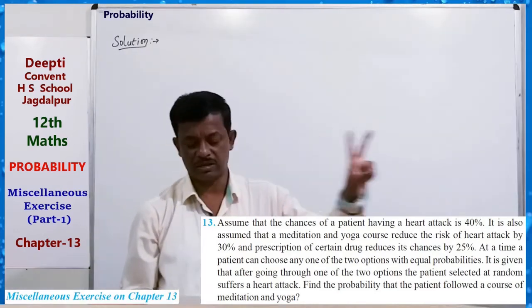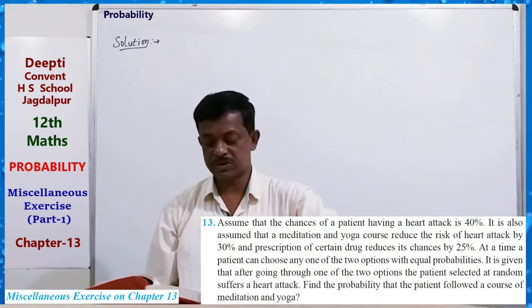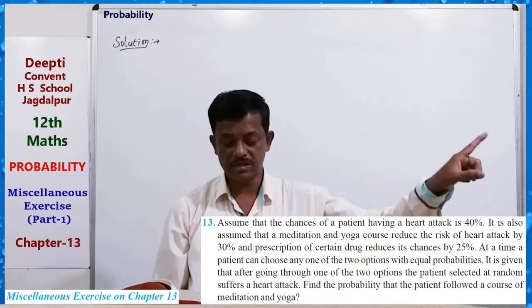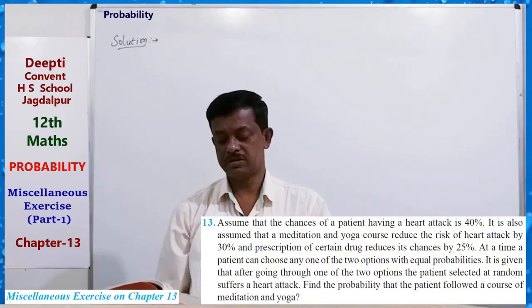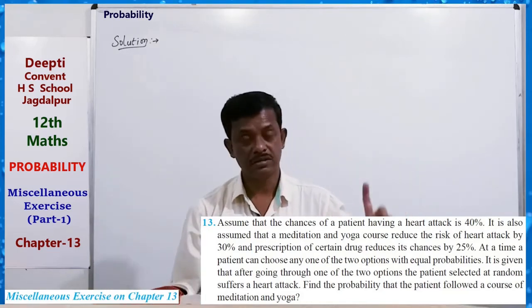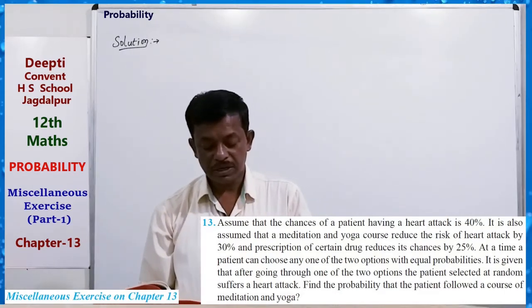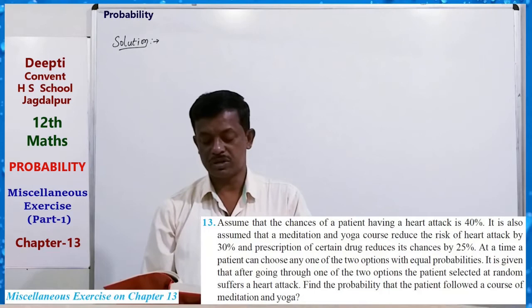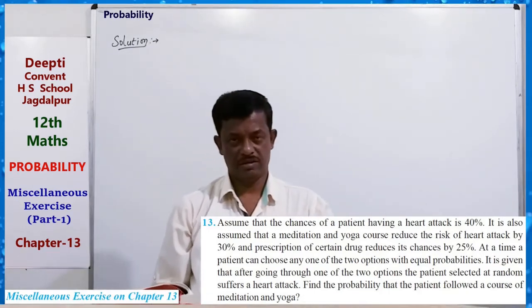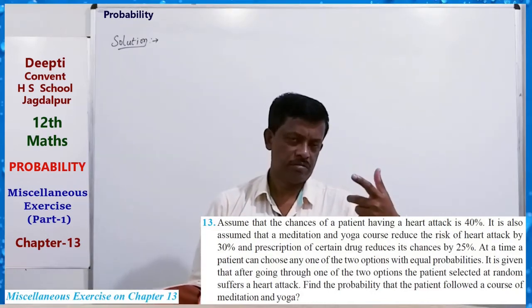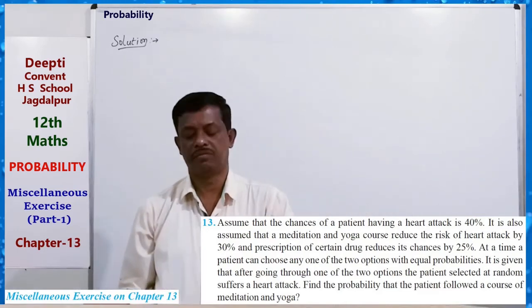There are two ways. At a time, a patient can choose any one of the two options with equal probabilities. If we denote E1 and E2 for these two ways, then P(E1) = P(E2) = half.